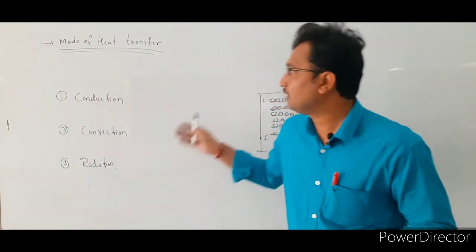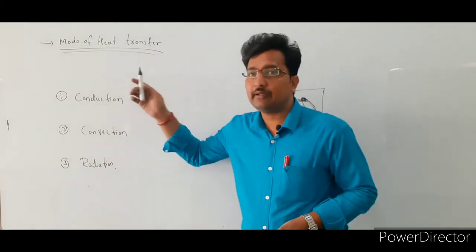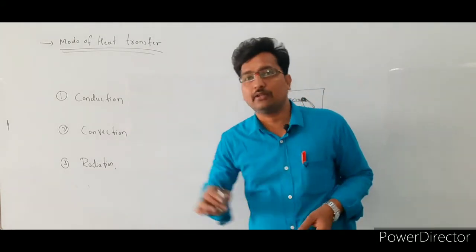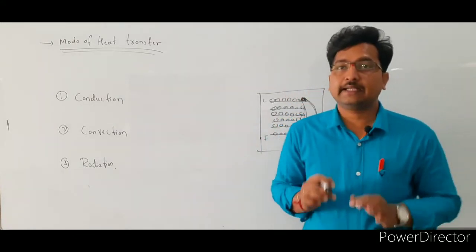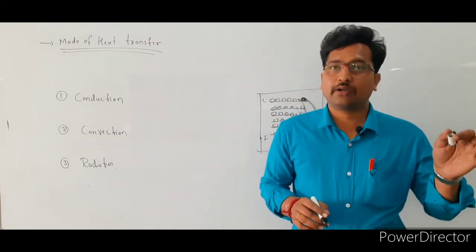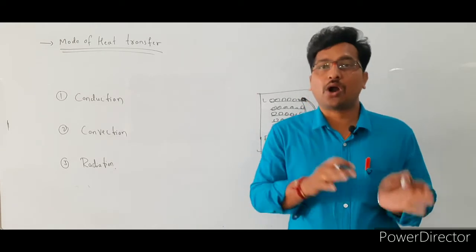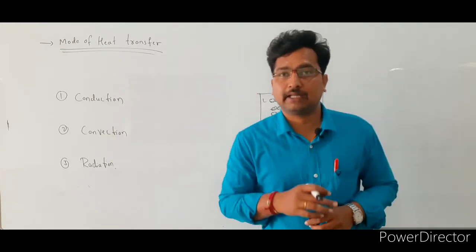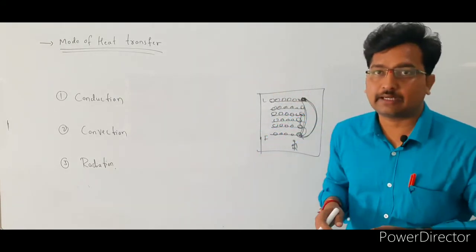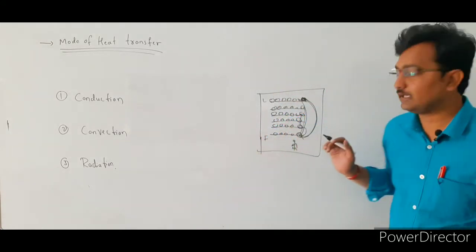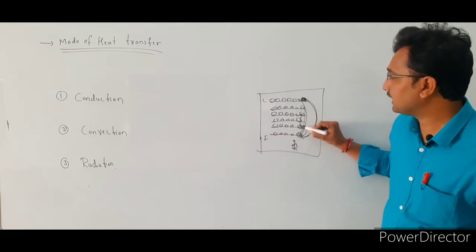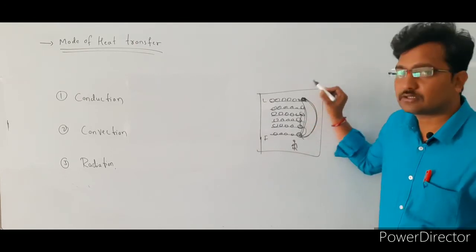Similar to this one, what do we mean by conduction, convection, radiation? Conduction means the heat is transferred from hot body to cold body, or hot end to cold end, without actual movement of the particles. See here, this is the first possibility. The pen is transferred from first bench to second bench to third bench, and so on, until it reaches the last bench.